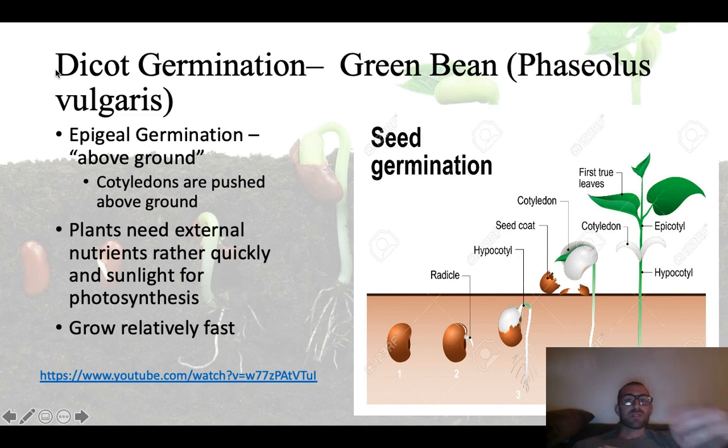Our monocots are our grasses, our dicots are kind of everything else. Our monocots do hypogeal germination, which takes place below ground. And I want you guys to be able to know those structures of the seed and kind of trace how that germination occurs. And our dicots do epigeal germination. Again, know the structures of the seed and be able to trace how this germination occurs.